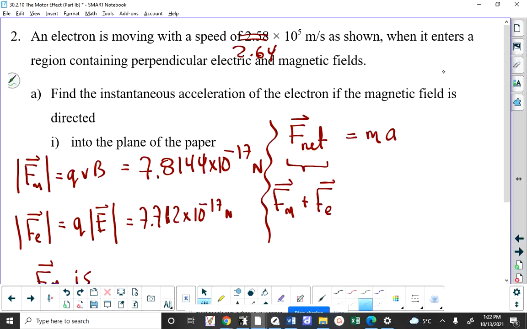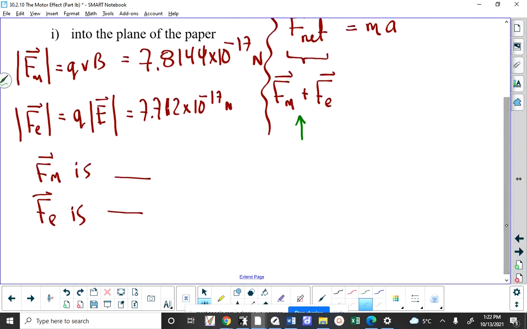This is what we're saying, the net force is the sum of them. You have to know the directions of the forces. And where I was at when I realized I did something wrong was, let's find the directions of those two forces. So I want you to look at the diagram, use whatever skills you have rattling around in your head, and determine which way the magnetic force is and which way the electric force is.